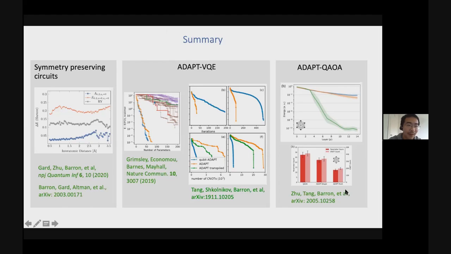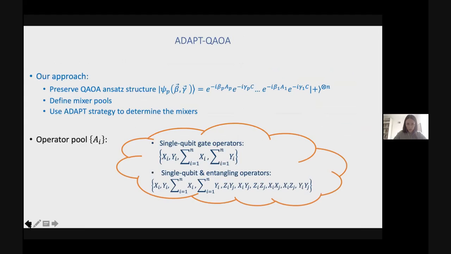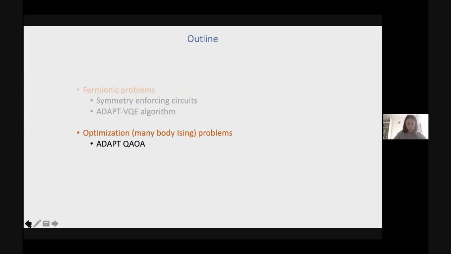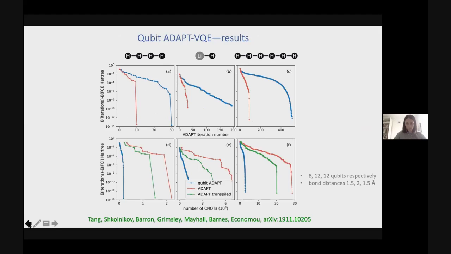Okay. Yeah, I think you have shown benchmarks for performances if you use the restricted pool compared to the more comprehensive pool. And I think that test is only for 6 sites or larger system. There were a few larger. So this was for, let me go back actually. Yeah, so these simulations are for 8, 12, and 12 qubits.